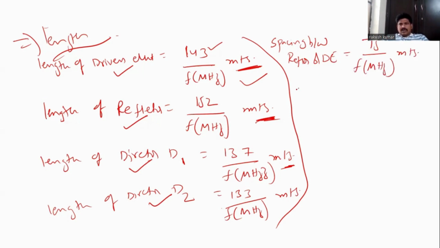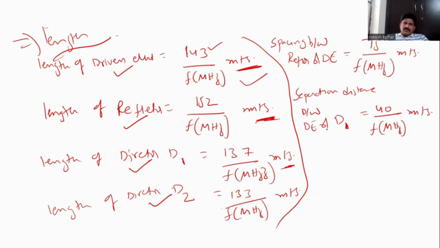Similarly, the separation distance or spacing between the driven element and director D1 is 40 by f in megahertz, also in meters.